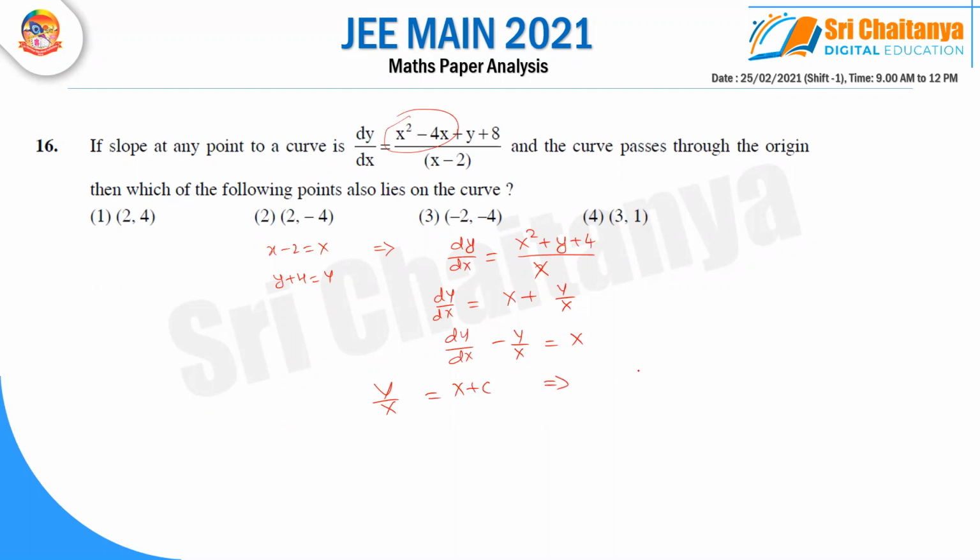That means nothing but, see here, capital Y was y plus 4, so (y plus 4) by (x minus 2) equal to x minus 2 plus c. He said it passes through origin. So when I substitute origin, what will I get? I will be getting the value of c as minus 2. So basically my curve equation is y plus 4 equal to (x minus 2) whole square.